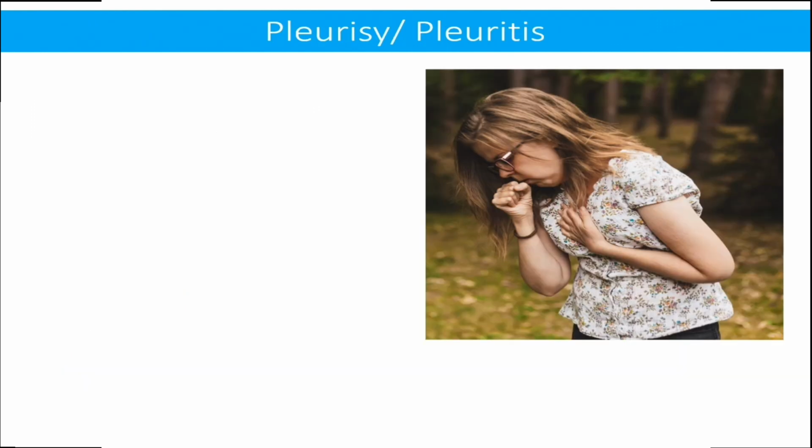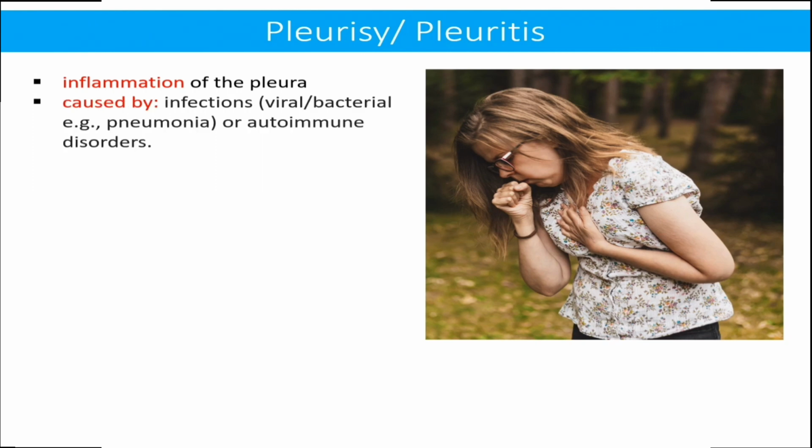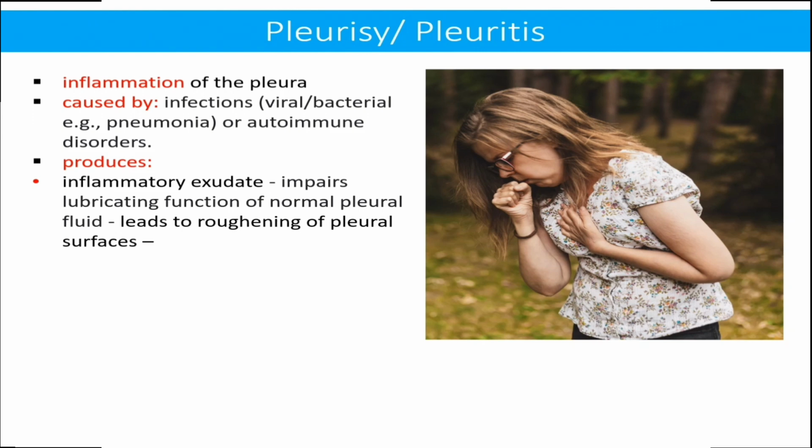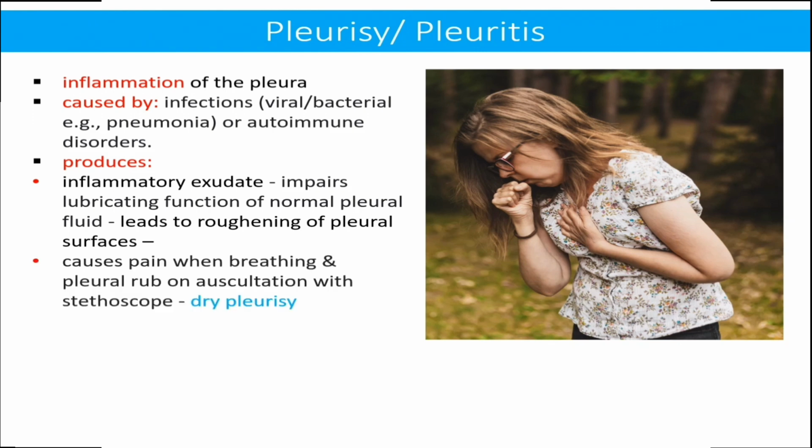Pleurisy or pleuritis. It is inflammation of the pleura which is caused by infections or autoimmune disorders. It produces inflammatory exudate which impairs lubricating function of normal pleural fluid, which leads to roughening of the pleural surface.